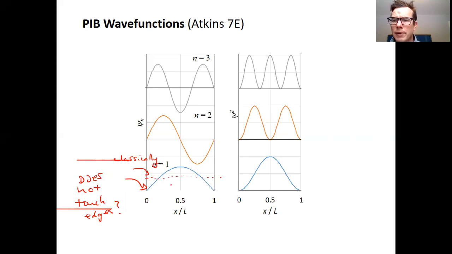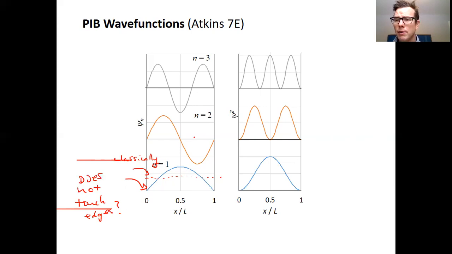When we have a quantum mechanical system, it doesn't ever touch the edges of the box, which might raise an interesting question. How in the world does it ever go back and forth, right? It never touches, yet it's somehow going back and forth. The situation gets even weirder because here it hangs out in the middle of the box.